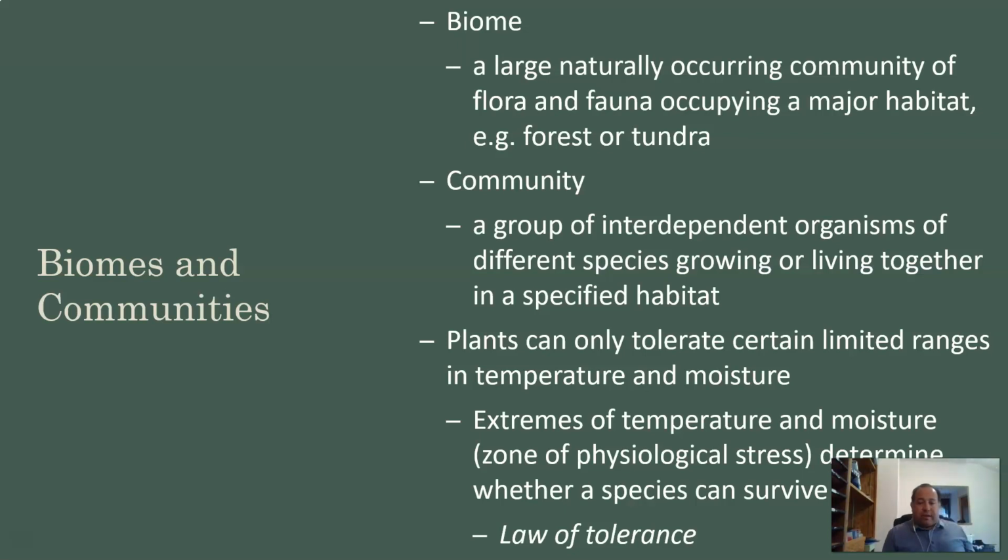It's important to understand, when we're talking about these biomes and these communities, that plants and animals can only tolerate certain limited ranges in temperature and moisture. This is called the law of tolerance, where you have extremes of temperature and moisture, and you have a zone of physiological stress that determines whether a species can survive. So what does that mean?